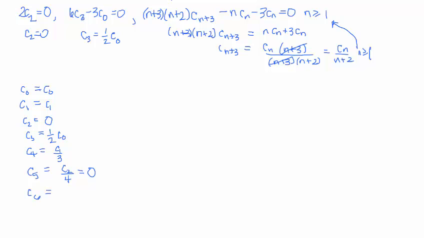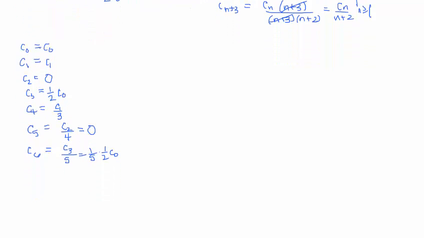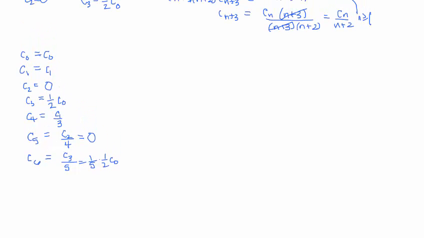C6 will be when I plug in n equals 3 to the recurrence relation, so I'll have C6 is C3 over 5, but C3 was 1/2 C0. Okay, I'm not going to simplify that and make that 1/10 C0, because if I do that, it can make it hard to see the patterns at the end. Okay, so here we go.